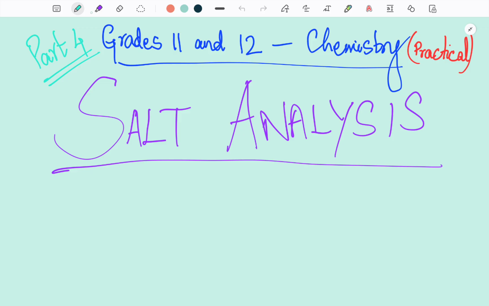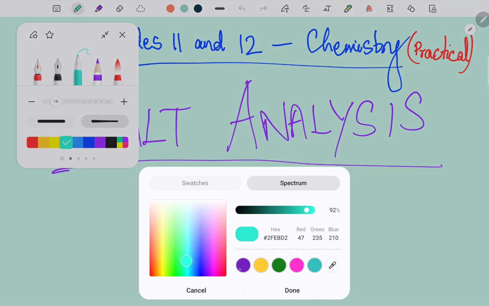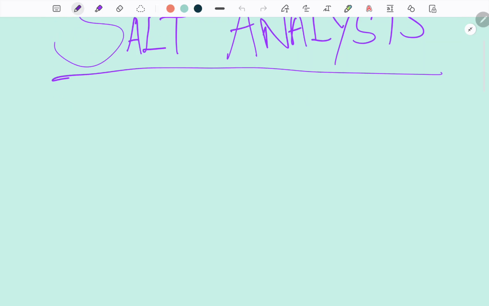Now in the previous part, that is part 3, we looked at the identification tests. So now we are going to learn how to confirm whether our identification is true or not. In order to confirm the identification, we have to perform confirmatory tests.